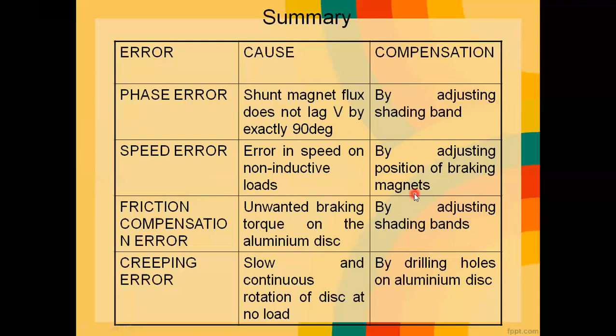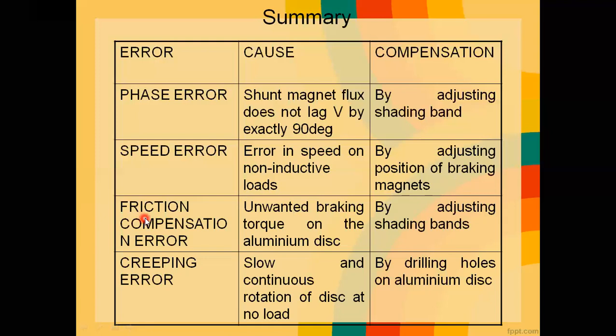If we observe that the disk is rotating at a faster rate, then we have to slow down the speed of the disk. We can do that by moving the braking magnet towards the center of the aluminum disc. If we observe that the speed of the disk is slower for non-inductive loads, then we can move the braking magnet away from the center of the disk.